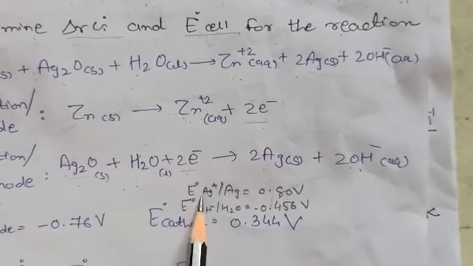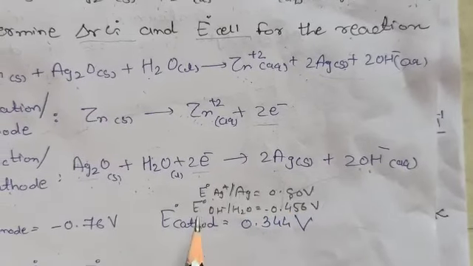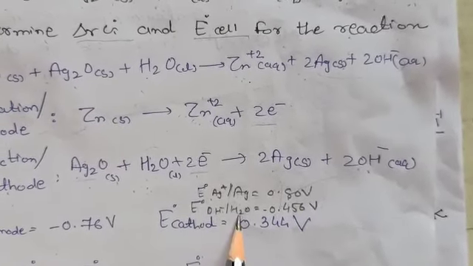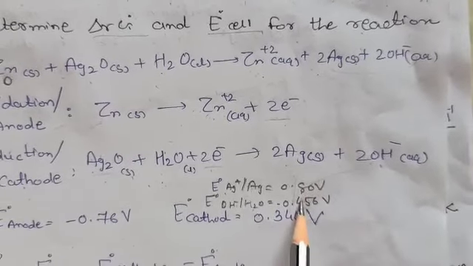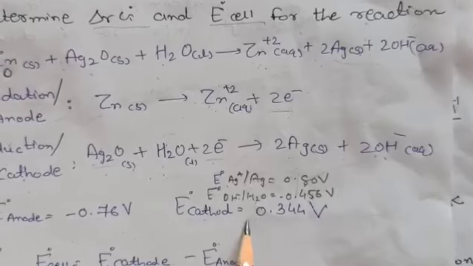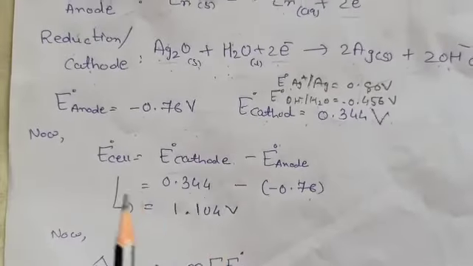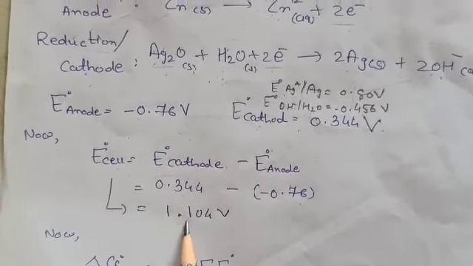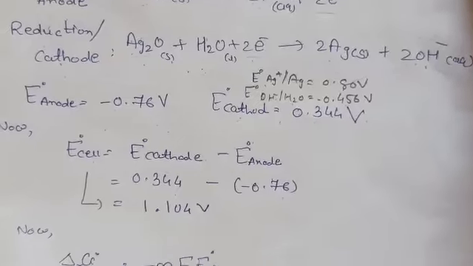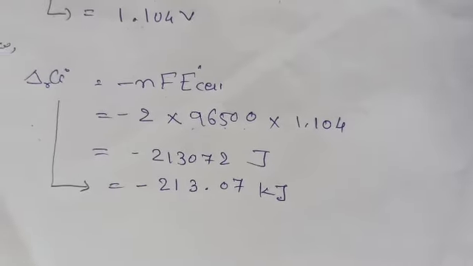The potential of Ag+ to Ag is 0.80 volt and E0 of OH− to H2O is minus 0.456 volt, right? Add them and you get E0 cathode equal to 0.344 volt. Now replace that value and you get E0 cell for this reaction as 1.104 volt.